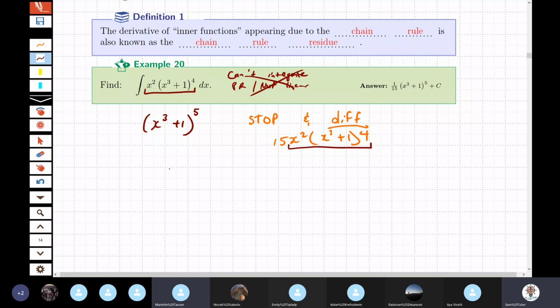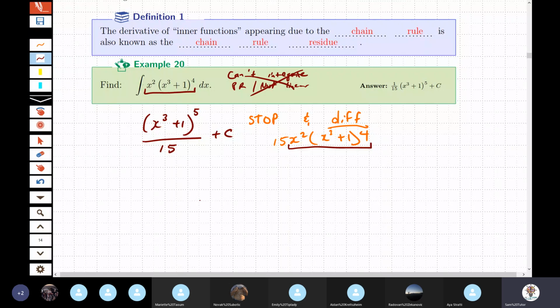You're going to divide it by 15 plus C. Why did you say divide? Because it's multiplied by the 15. It doesn't have a 15 here. We're going to divide it out. And that would be the answer to the question that we're looking for.